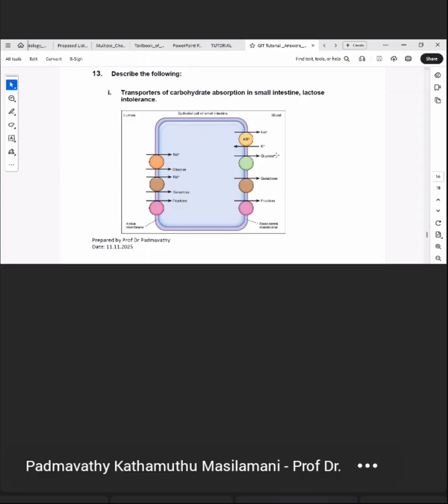So finally, glucose, galactose, and fructose are absorbed in the small intestine. You can see the disaccharidases: sucrase, maltase, lactase, all these are disaccharidases. So finally, the glucose absorption.